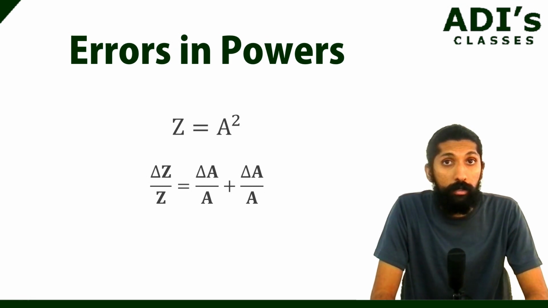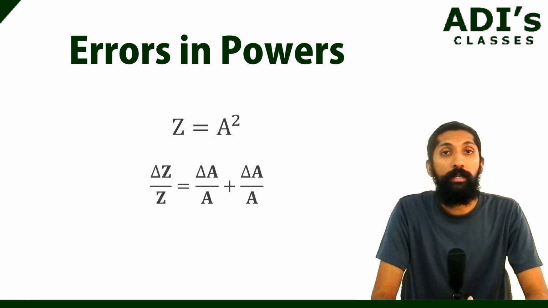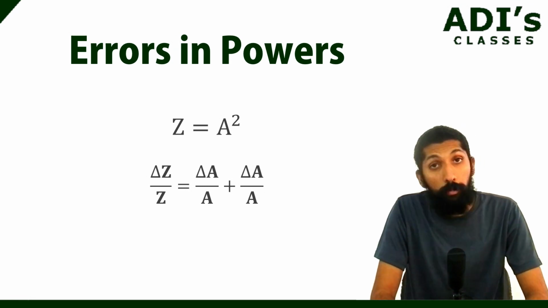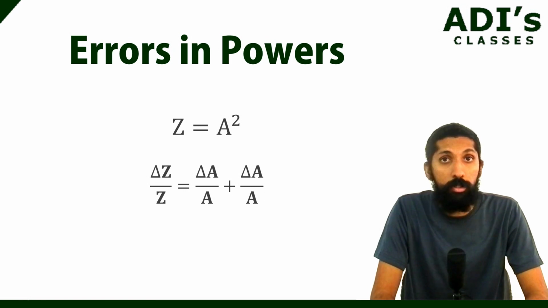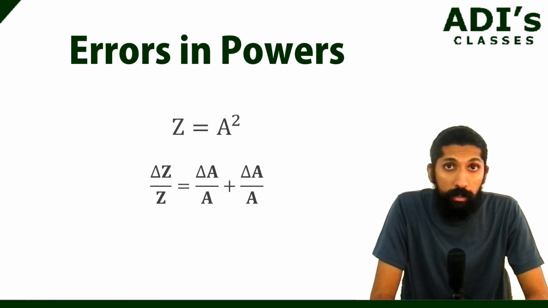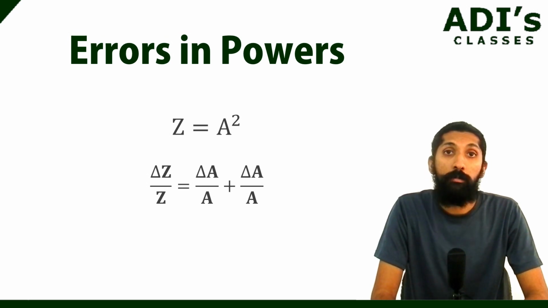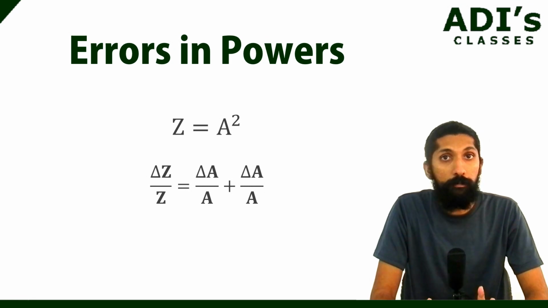Now what do you get? If you take the relative error, delta Z by Z is equal to delta A by A plus delta A by A, which is 2 times delta A by A, correct? Now what is the error? You're taking the power and you're multiplying that with the relative error, correct?